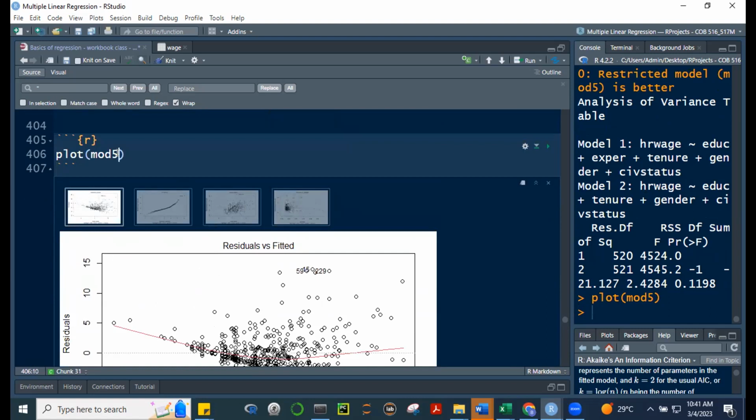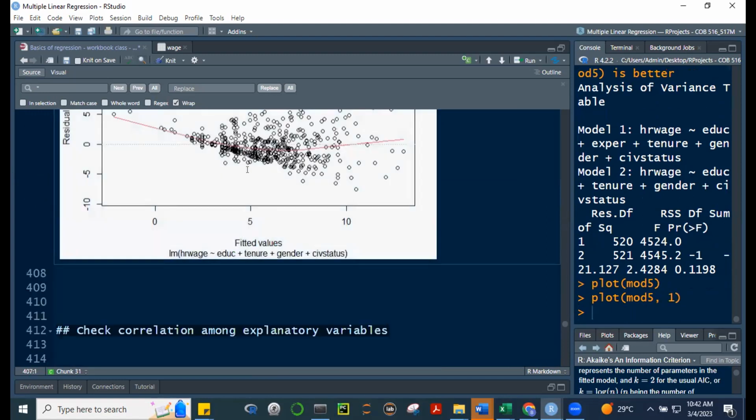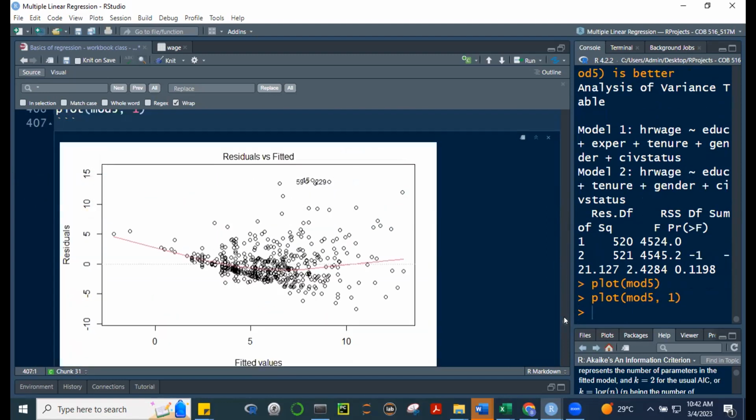If I just want the first plot, I put 1 here. So plot model 5, number 1, will give me the residuals versus fitted. Let's run that. This is the first plot here. This is the plot of the residuals and y-hat, and this will tell us about the behavior or distribution of your residuals. You can see here that it seems to be heteroscedastic.